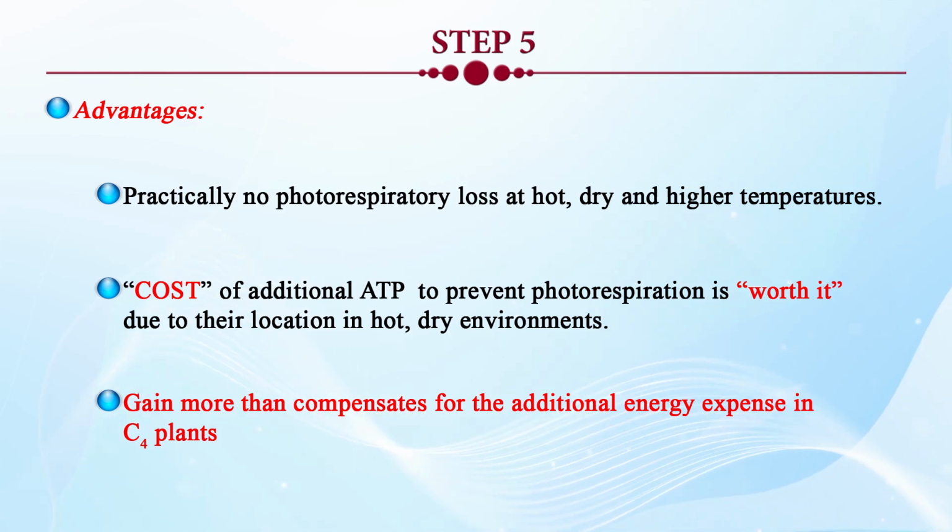So, these are the various advantages that we have, and in our next lecture we would think in terms of the rationale as to why this C4 cycle came into existence as far as evolution is concerned.